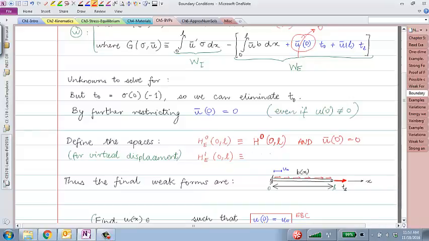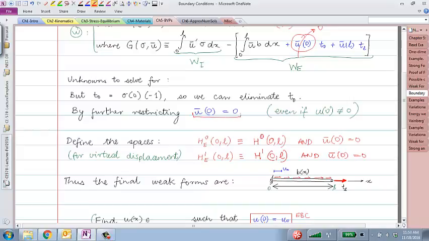Similarly, this other space h1e, where the subscript e denotes that this satisfies what is called the homogeneous essential boundary conditions. That's also something that I'll write down here. This is a space that is same as h1, and u bar 0 is equal to 0.